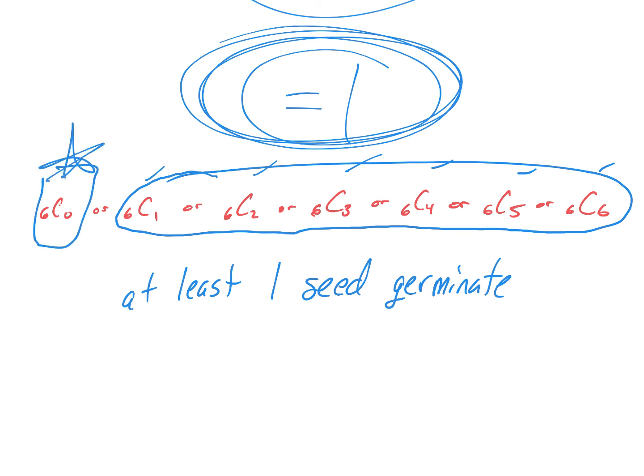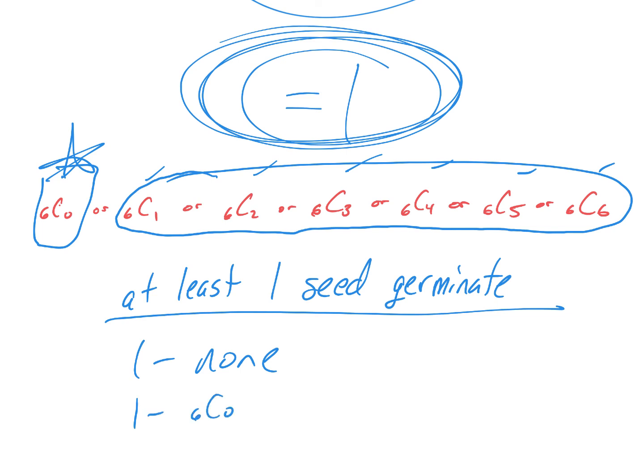Good. You can do at least 1 minus none. 1 minus no seeds germinating. So if you simply do 1 minus 6C0, 0.7 to the 0, 0.3 to the 6, you will get what you need.